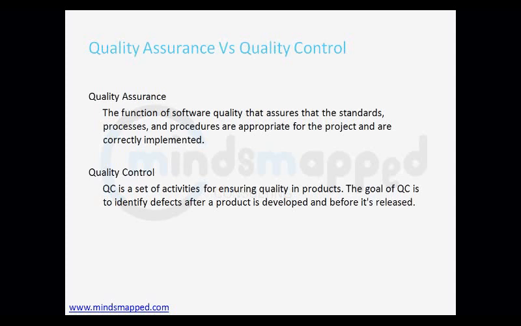Any trouble in understanding quality assurance and quality control? Assurance means the policy which a company needs to follow to develop any product, while quality control is to test the application, check the quality of the application, and find the defects.